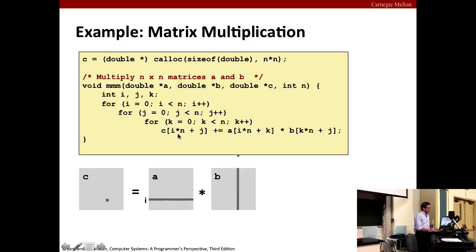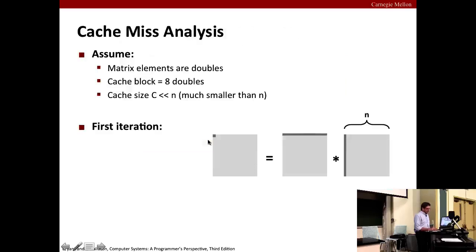So here, C[i*n + j], this is an n by n matrix. What I'm doing is computing where the ith row starts, and then going to the jth column of that row and accessing that element. It's the same idea as before.